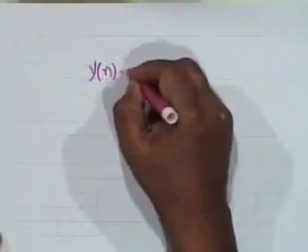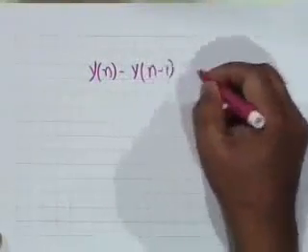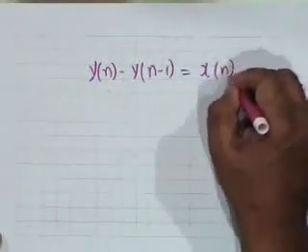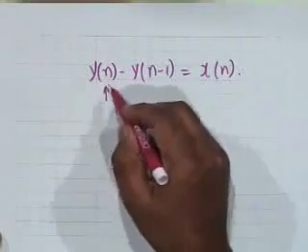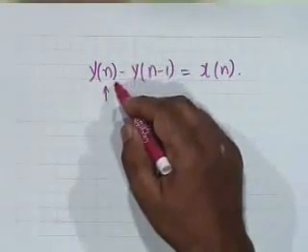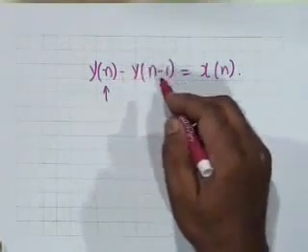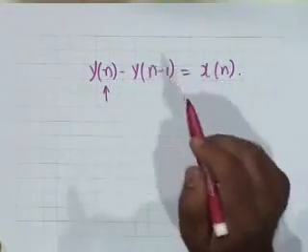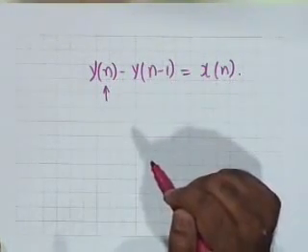The mistake is that in this relationship y of n minus y of n minus 1 equal to x of n, suppose y of n has an average value, then this average value cancels out with the average value of y of n minus 1.